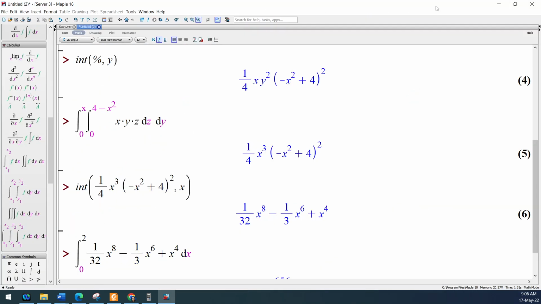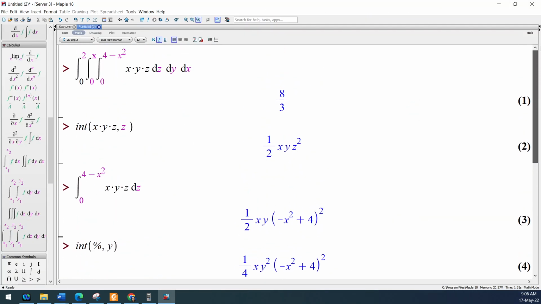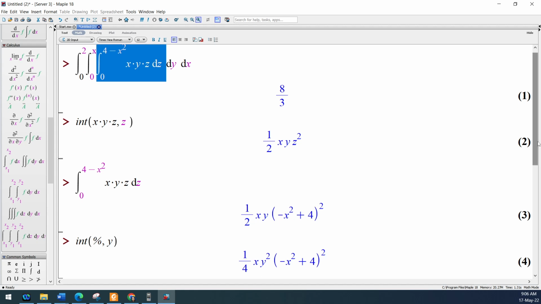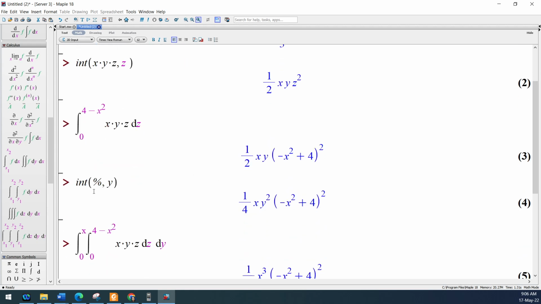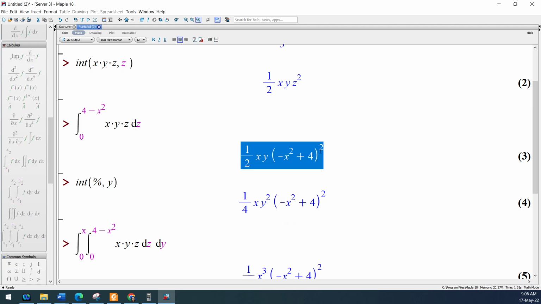Okay, first step, you integrate this one without putting limit. We should get half xy z squared. Put in limit. After putting the limit into the z, you get 4 minus x squared power 2. Okay, this one is correct. After that, percent means the latest output, so I integrate this one.